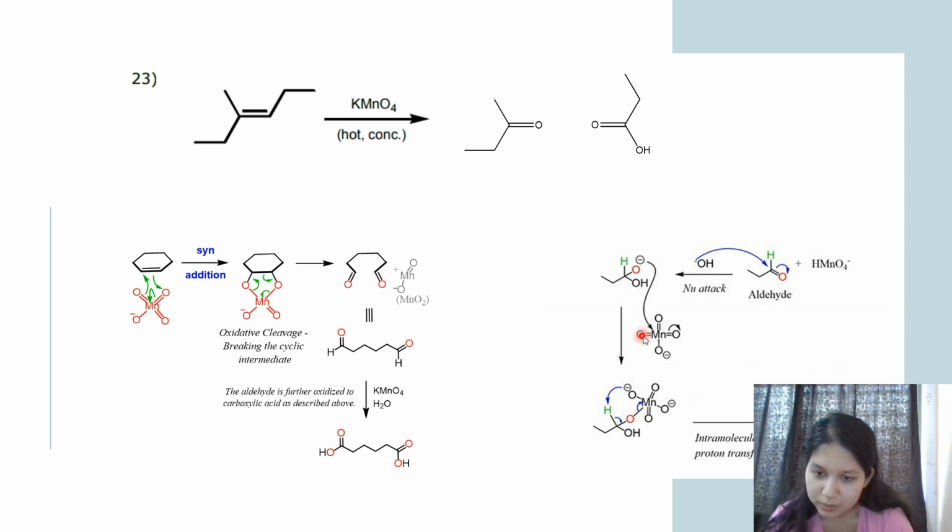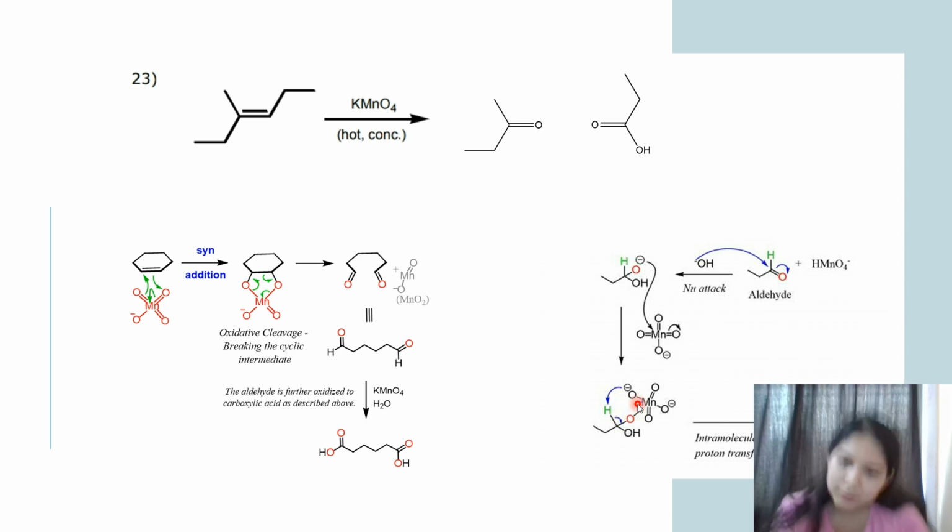One Mn=O double bond will extract this proton to break this carbon-hydrogen bond, and the electrons of the bond will be shifted to this carbon-oxygen bond, and the manganate will be knocked out.